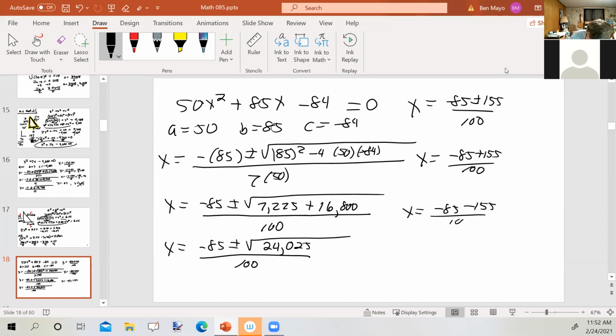Okay. So now I've got x is negative 85 plus 155 over 100, or x is negative 85 minus 155 over 100. Well, negative 85 plus 155 is 70 over 100 would be what? 0.7. And then negative 85 minus 155 would be negative 240 over 100, which would be negative 2.4.